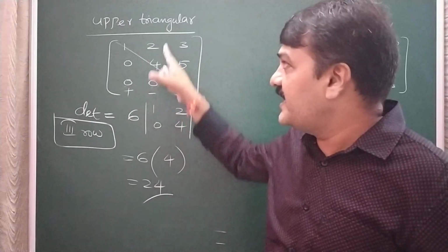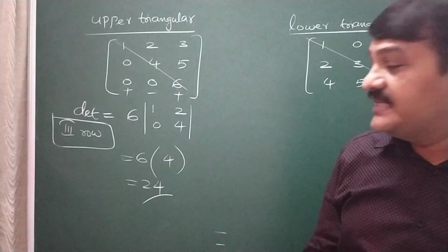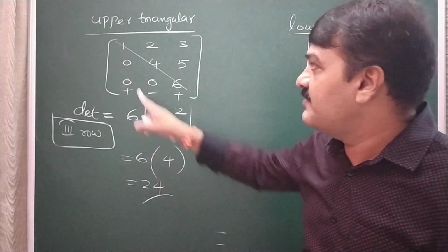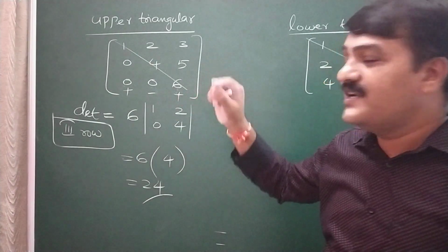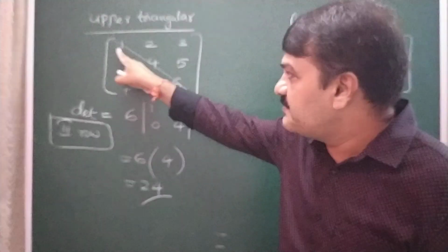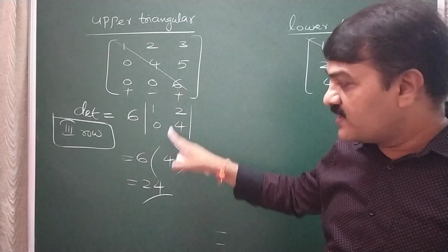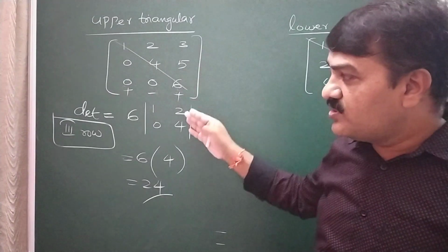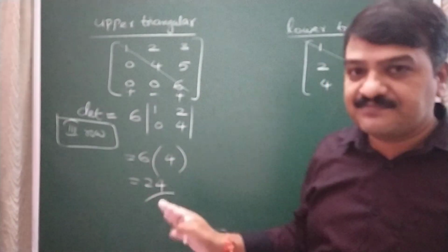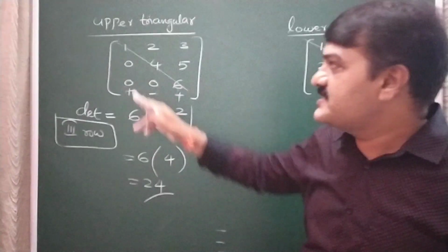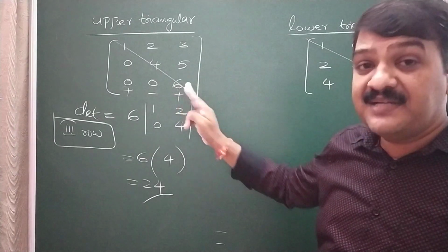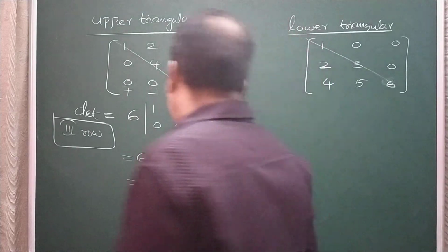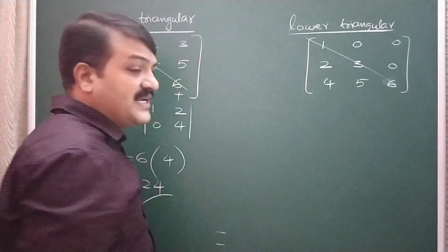Whenever you are taking an upper triangular matrix, the determinant is always the product of diagonal elements. What is the product of diagonal elements? 24. That only you got here. So for an upper triangular matrix, no need of using the determinant formula. Determinant is nothing but the diagonal elements' product. Even for a lower triangular matrix, you will get that.